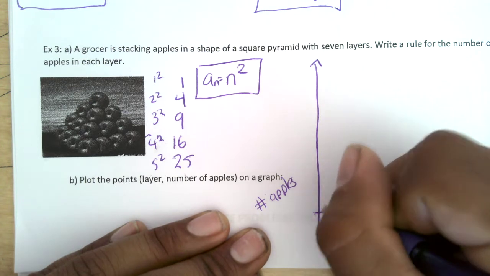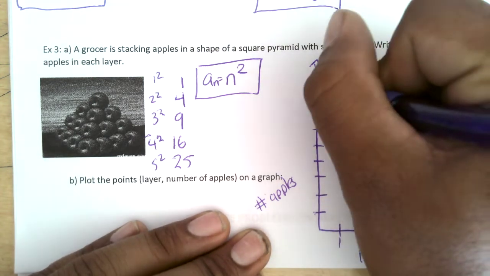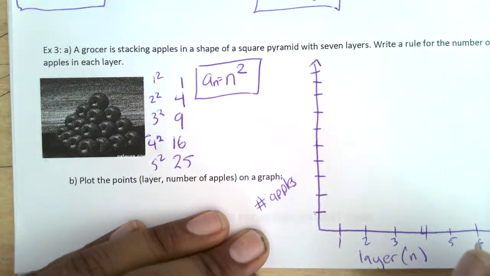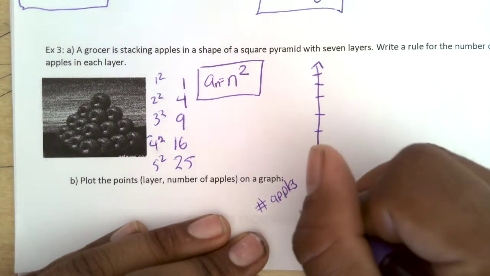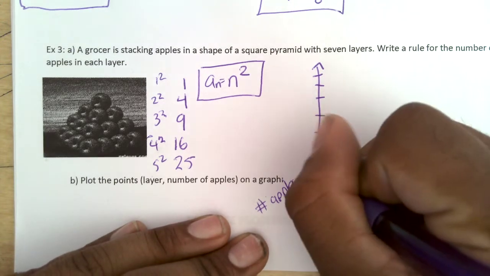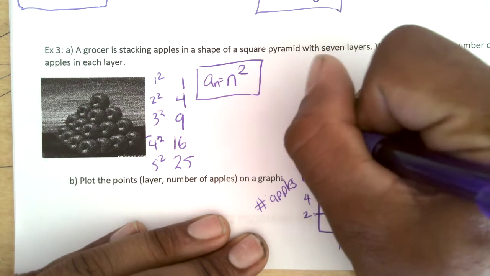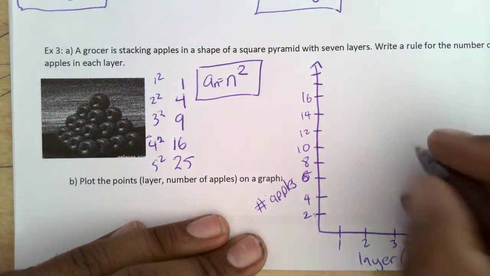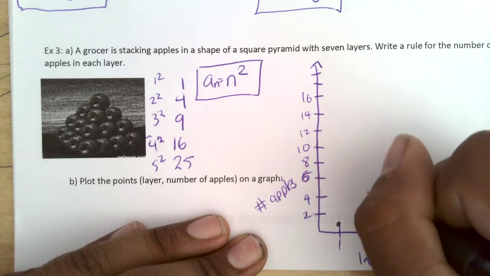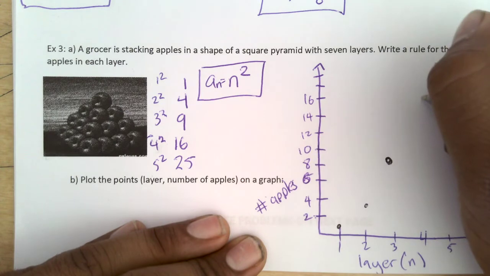Let's go 1, 2, 3. And so I might not get all my numbers in here, so I'm going to scale this by 2s, I guess. Oops. Just went against my own guessing. 10, 12, 14, 16, just so I can get more layers in. So 1, 1 would be about here, 2, 4, 3, 9, 4, 16.